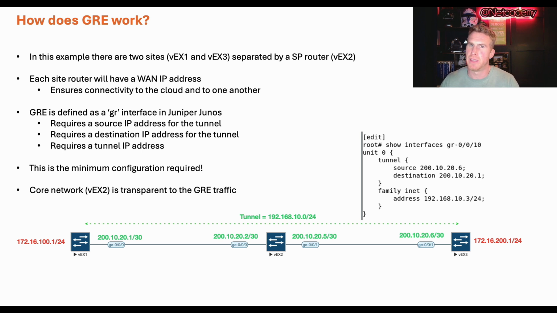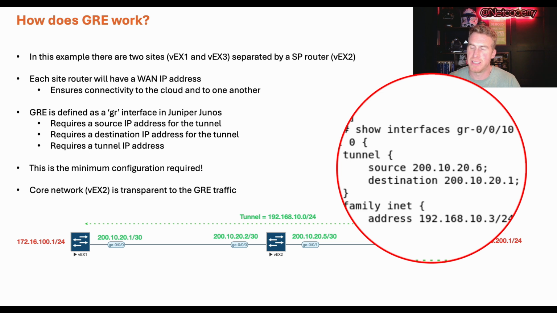If you look at the command line interface snapshot from VEX3, you can see that the GRE tunnel, gr-0/0/10, has been configured with a tunnel source of 200.10.20.6. That is the ge-0/0/1 interface on VEX3. The destination IP address of the tunnel is 200.10.20.1, which is the ge-0/0/0 interface on VEX1.